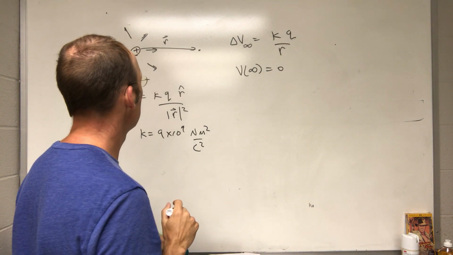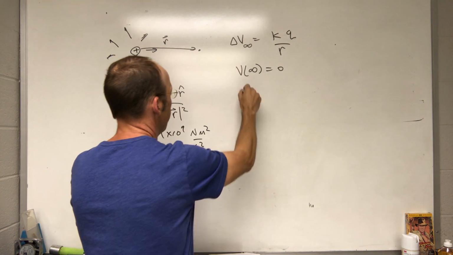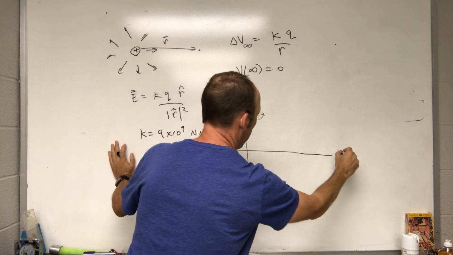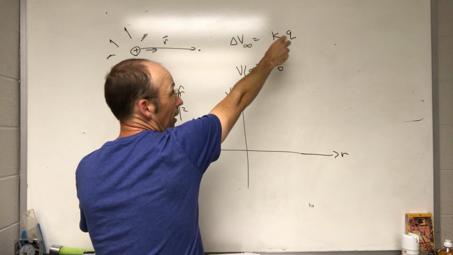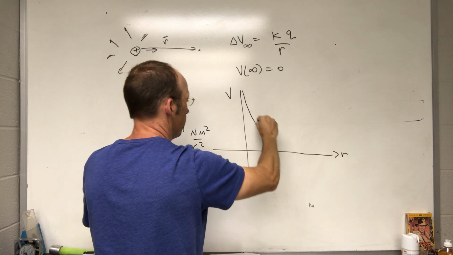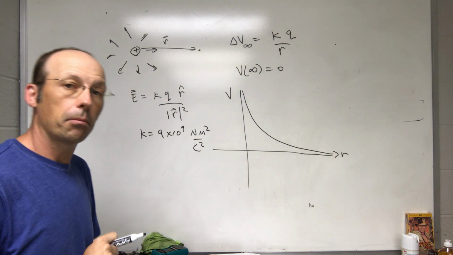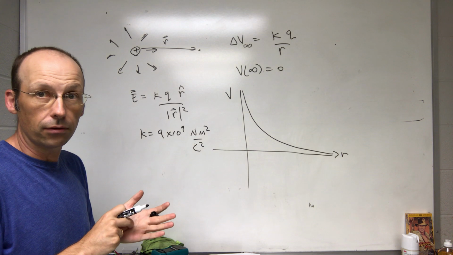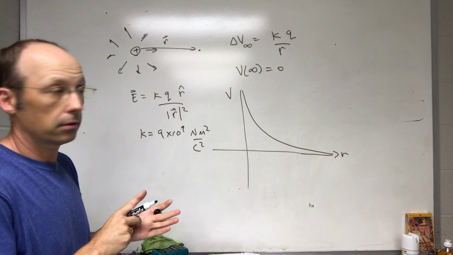Now, this is important, because let's make a plot of this. If this is potential as a function of R, 1 over K is constant, Q is constant, and we have 1 over R, so it looks like this. Now, I want to make a really important point here. What's the relationship between electric field and electric potential?